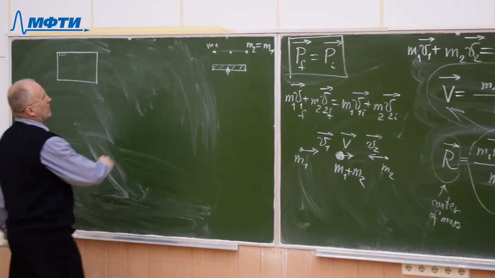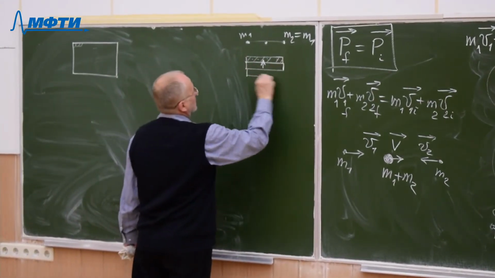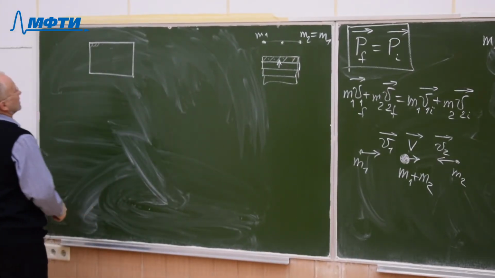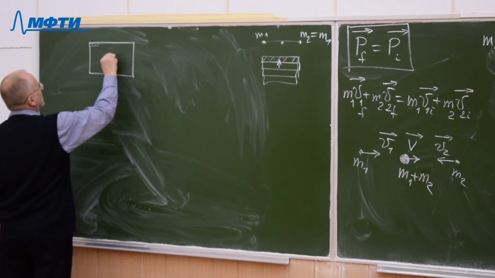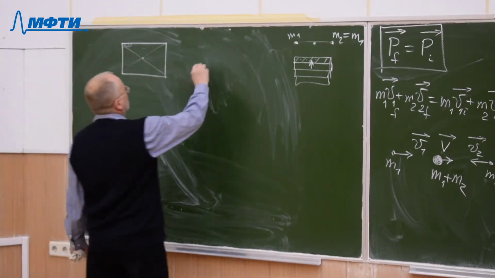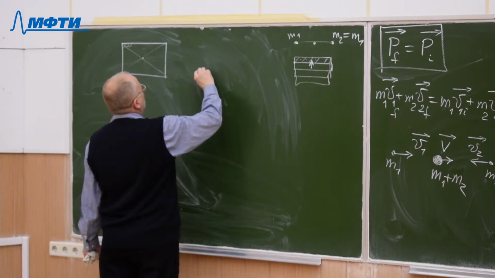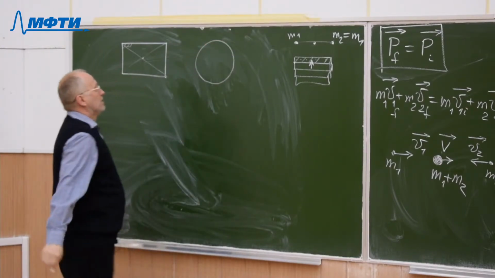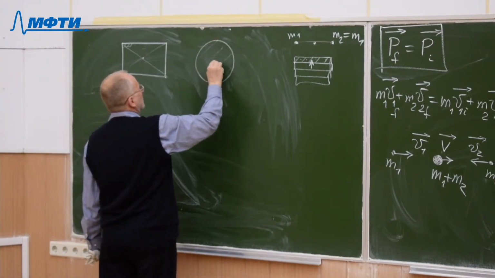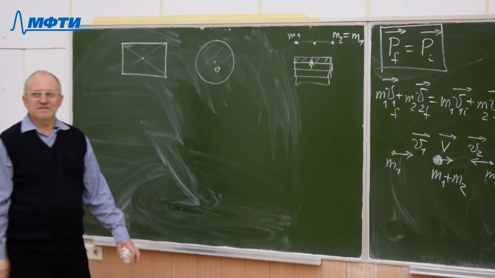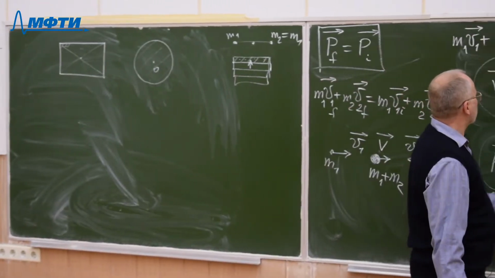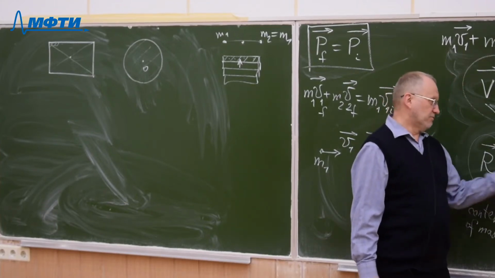And if we have many rods stuck together, forming a rectangular figure, then the center of mass will be in the center of this figure, at the intersection of its diagonals. If we cut a circle, then its center of mass will be in the center of the circle, etc. It's easy to understand where the center of mass is for any object if we have this formula.